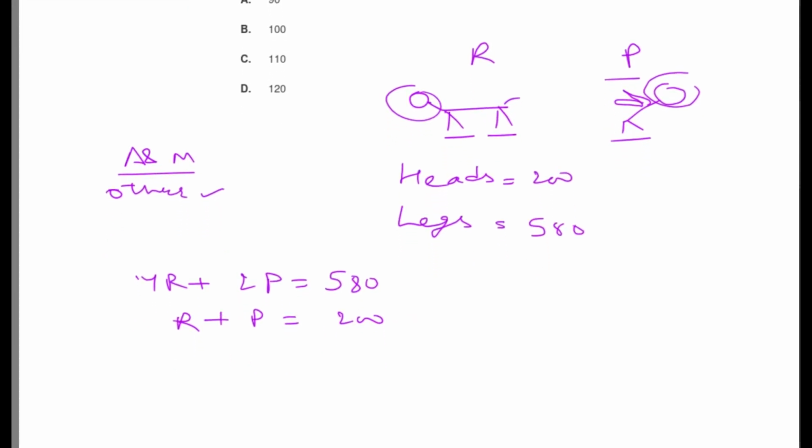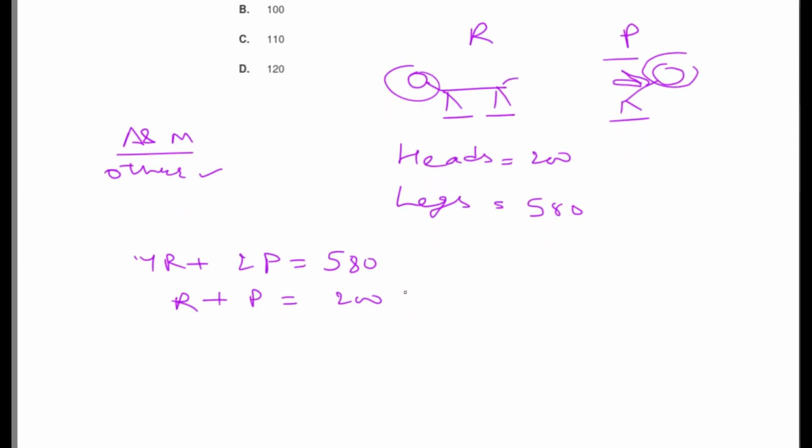If we multiply the below equation by 2, we get 2r plus 2p equal to 400, and the above equation stays the same. This is equation 1 and this is equation 2.